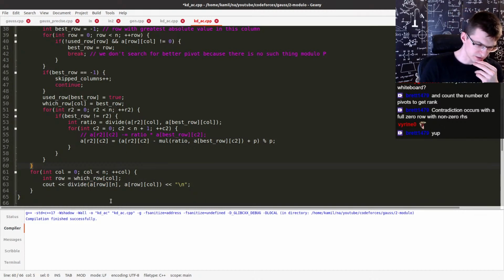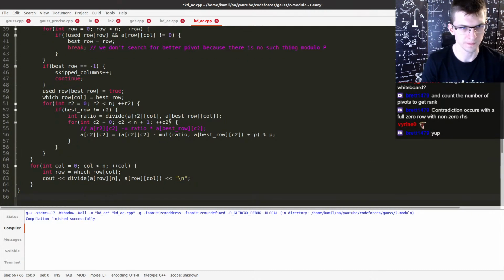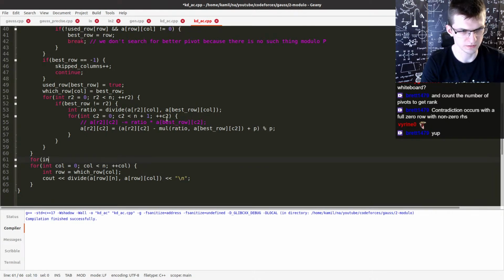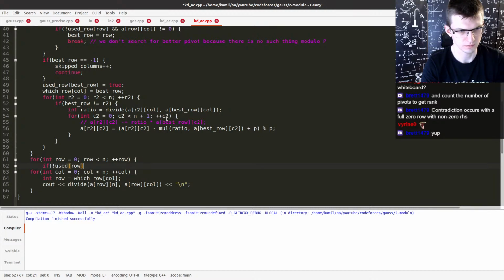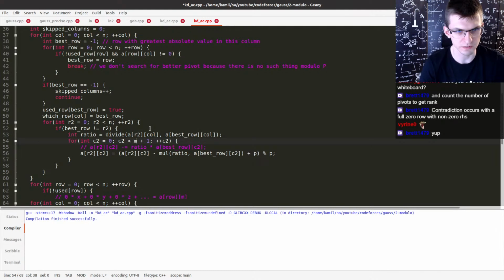With some contradictions. For every row, I need to check if it's full of zeros with non-zero on the right. Can I just do this? If not used, it is equal to A of this row and of M. Also, I need to check here everywhere, yeah, M. There are a lot of mistakes right now.